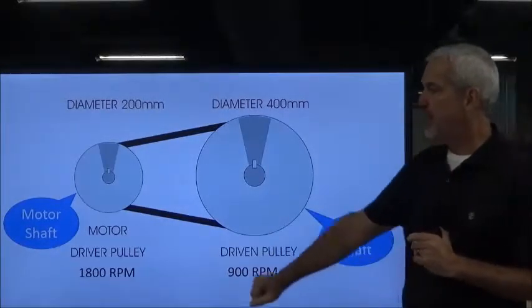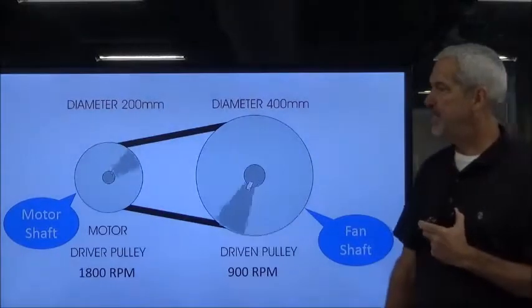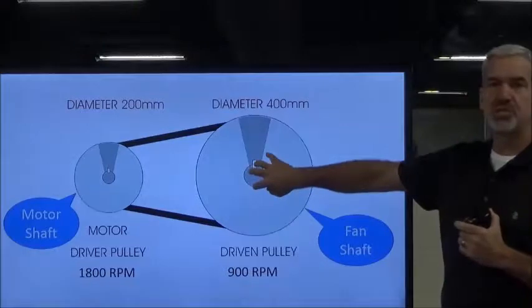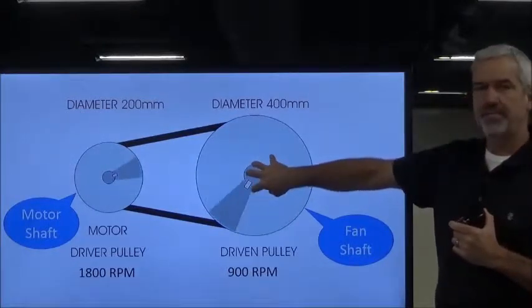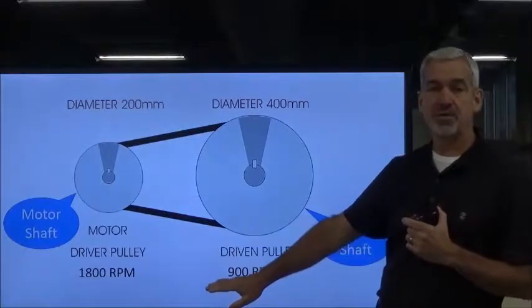So we're running at 1800 RPMs theoretically with this motor shaft speed, and we have a 2-to-1 ratio. That means that our driven pulley, perhaps this is running the fan, that our fan is going to have subsynchronous frequencies coming out of it.